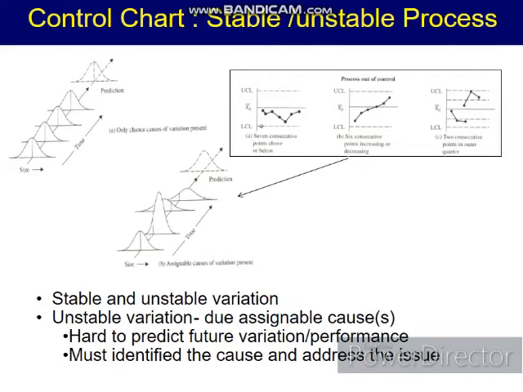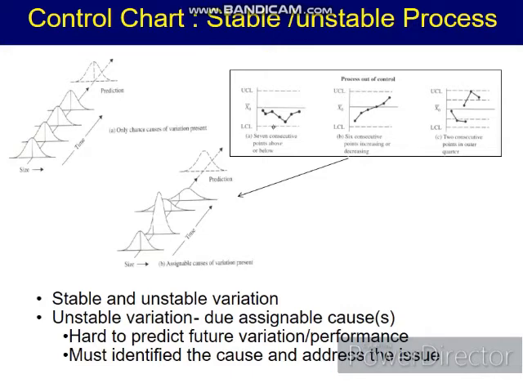If you plot the control chart, with the mean, upper control limit and lower control limit, and you have 7 consecutive data points above or below the average line, then you can say that the process is unstable, uncontrolled. For example, in this case, we have 1, 2, 3, 4, 5, 6, 7 consecutive points below the average line. This indicates that something abnormal happened to the process. It can be either 7 consecutive points below or above the average line.